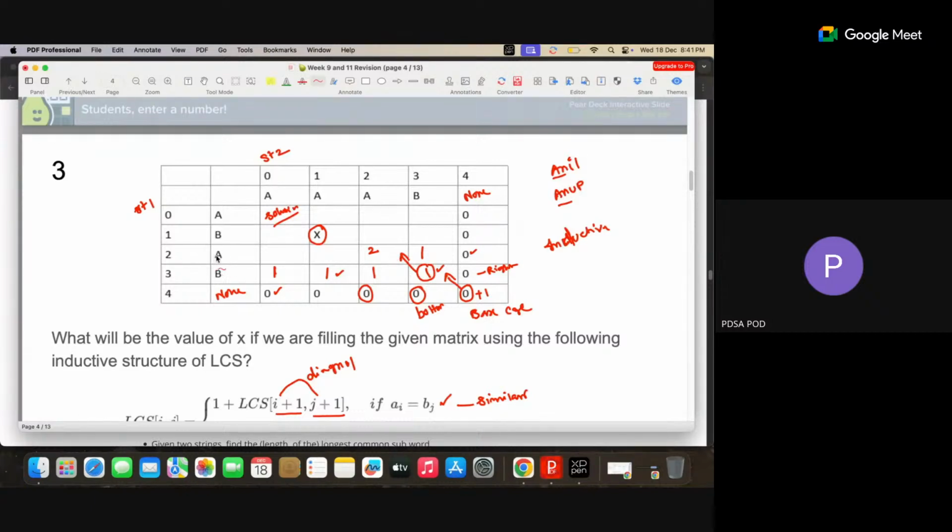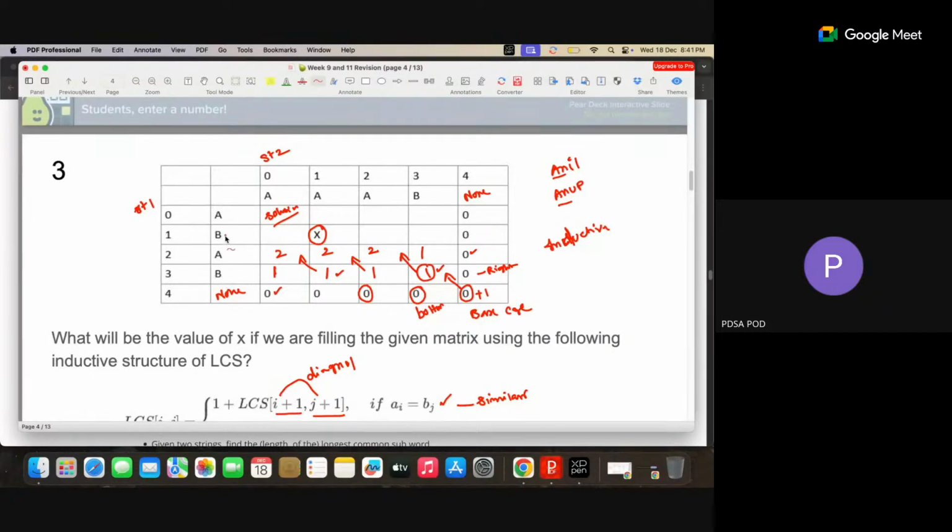After that, A again with A, it is matched. So previous existing matches plus 1, so again it is 2. Then A with A again, it is matched. The previous diagonal value plus 1, so it is 2. So up to here it is done.